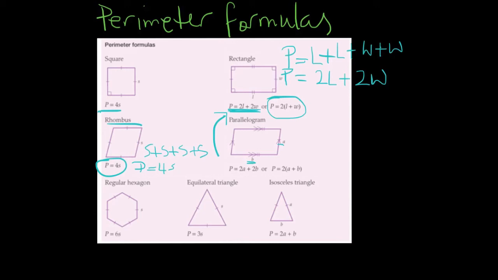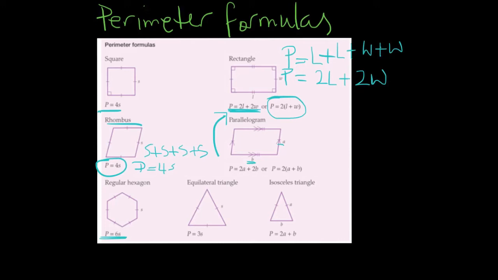For a regular hexagon, again, just like we had with the square, side lengths are S. We have 6 sides, all of equal length. We then take P equals 6 times side length S, so it becomes P equals 6S.